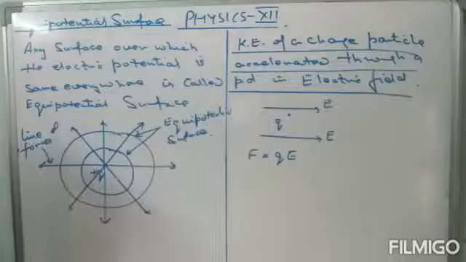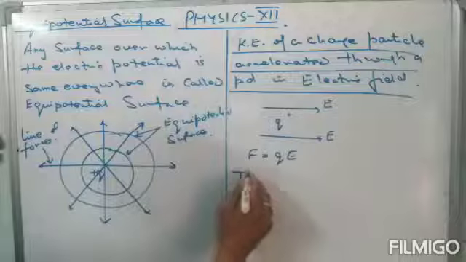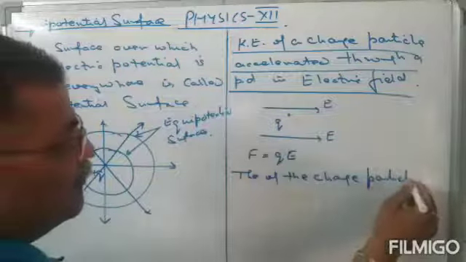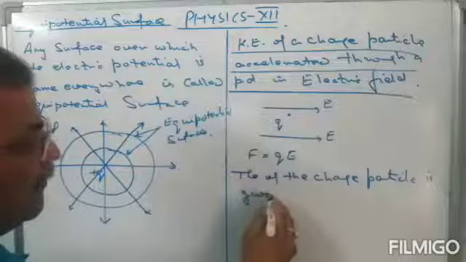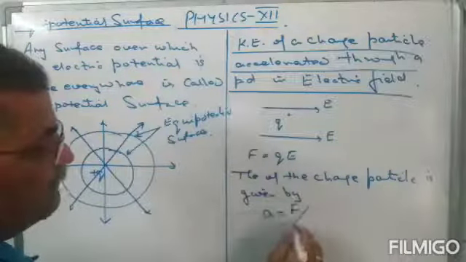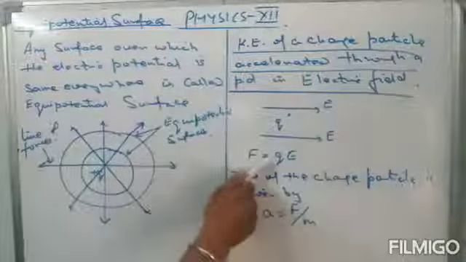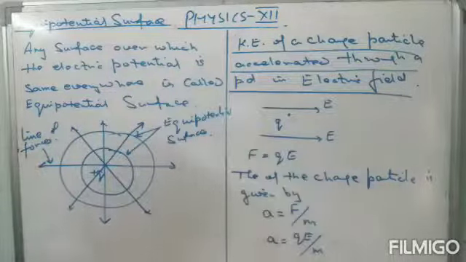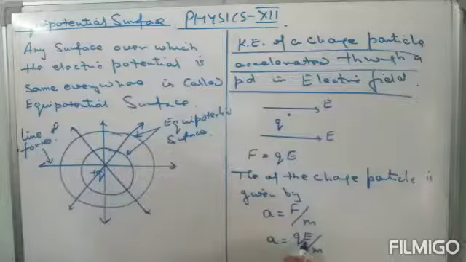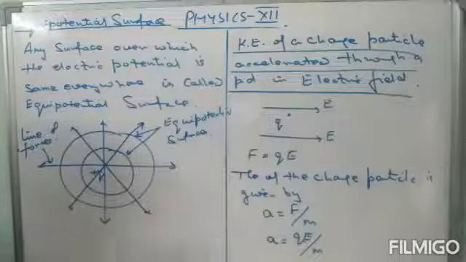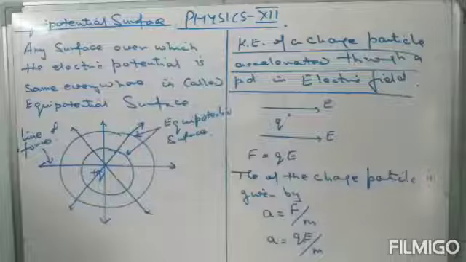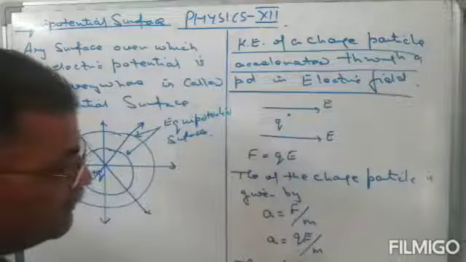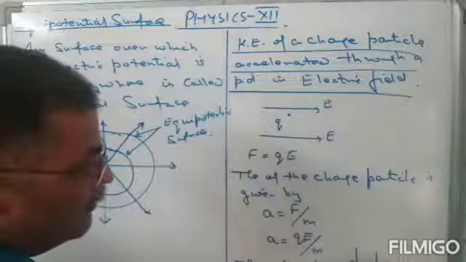So I can write the acceleration of the charged particle is given by A is equal to F upon M. Now I'm going to put the value of F as QE, and I'll get A is equal to QE upon M. Since E is constant, A will also be constant, so the motion is uniformly accelerated.